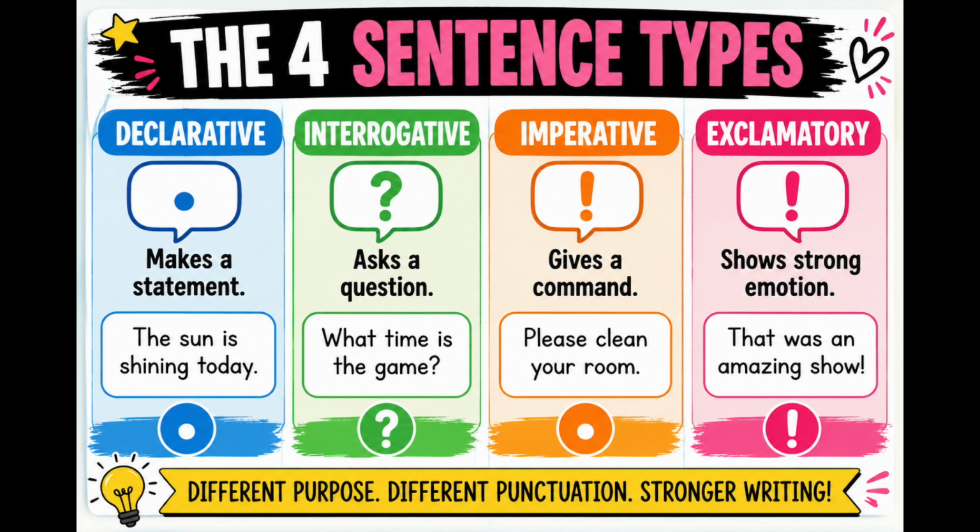Strong readers and writers can identify how a sentence is being used. The 4 types are declarative, interrogative, imperative, and exclamatory. Let's break down each one of the sentence types, talk about it, provide examples, and then at the end, we'll see if you can identify different sentence types.